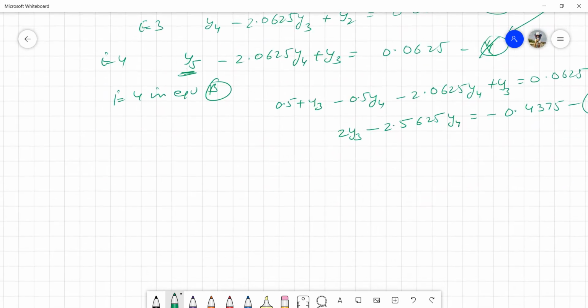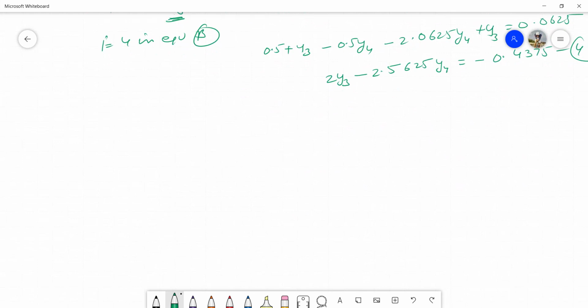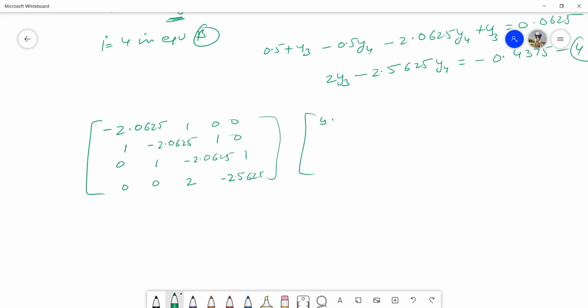So we have 4 parameters, we have 4 equations, all the parameters are linear, so we can prepare a matrix, with the right-hand side 0.0625, 0.0625, 0.0625 and minus 0.4375.